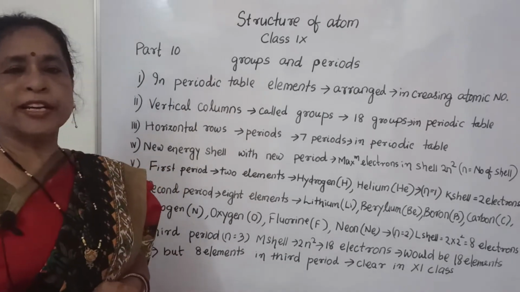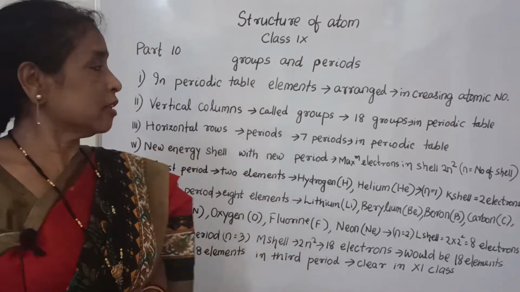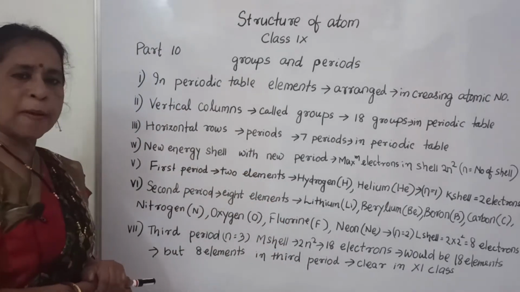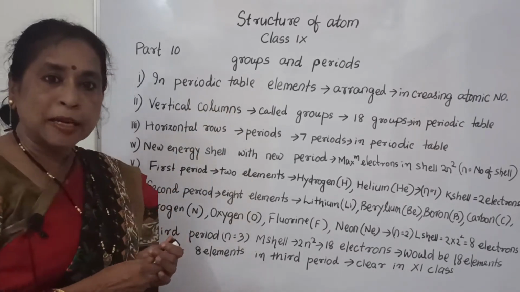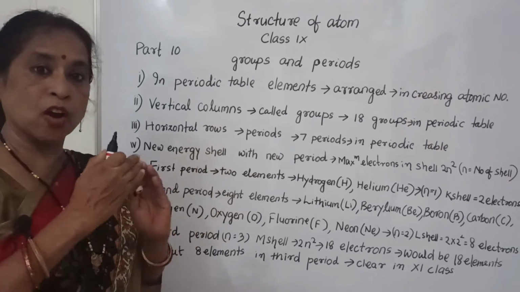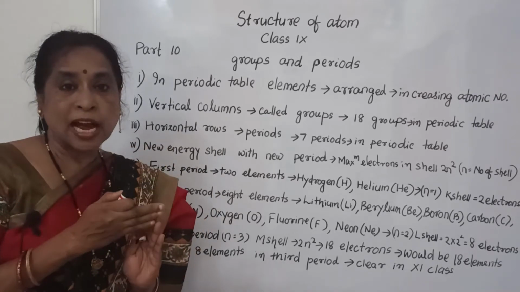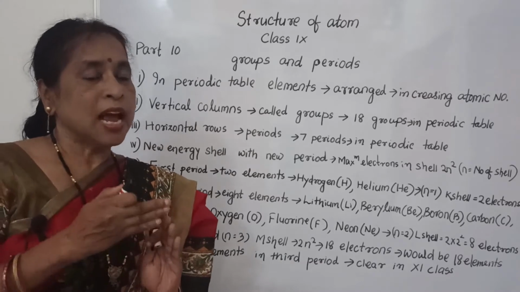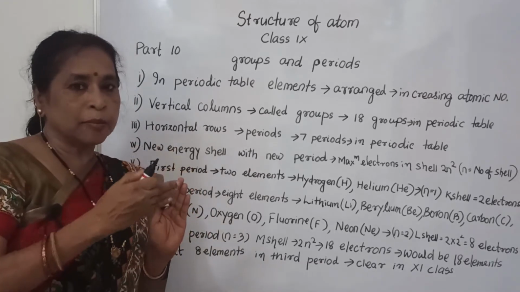Actually, there is a periodic table. In class 10th and 11th you can learn better. In the periodic table, what happens to the elements? In the periodic table, the elements are arranged according to increasing atomic number. If I say atomic number 1, that is hydrogen, and after that helium, that means atomic number 2.